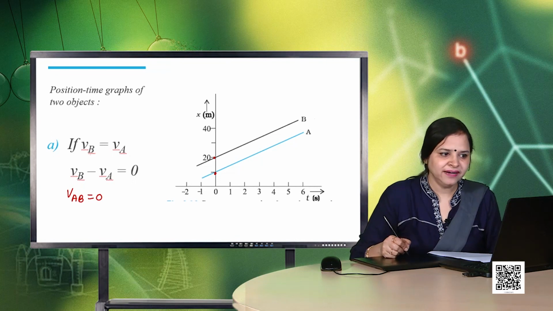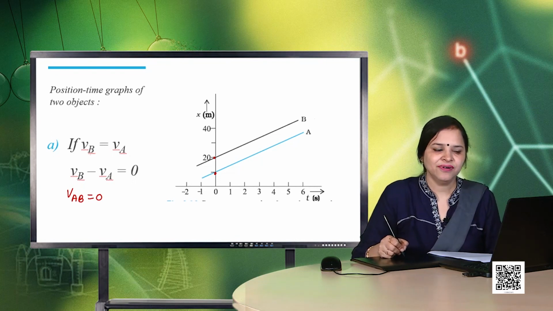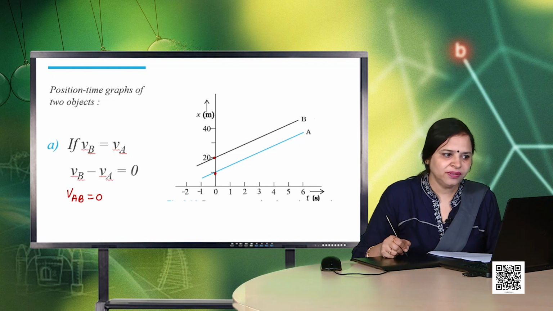We also know that the slope of the xt graph gives the velocity of that particular object. Here the slope will be the same for both the moving objects A and B, and that is how we see that both the lines are parallel to each other.